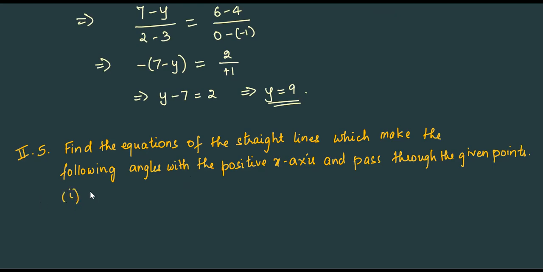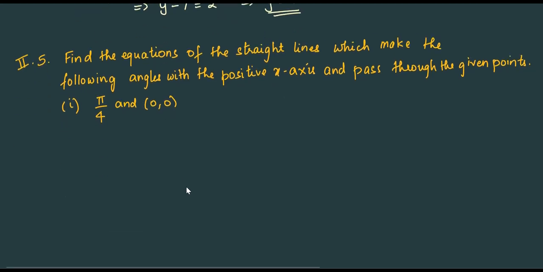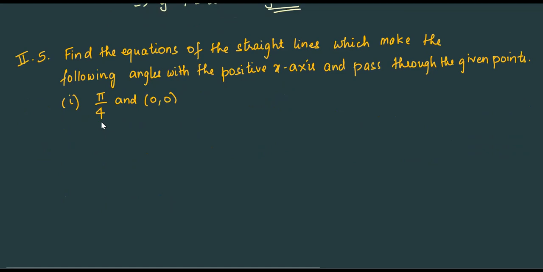So first one, pi by 4 and (0, 0). Solution: which form of the equation of the line can we use?